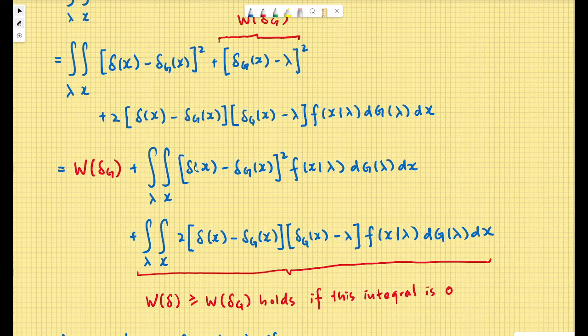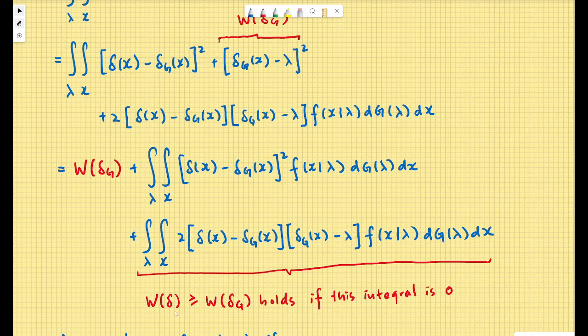It equals 0 when delta is equal to the optimal decision, and larger than 0 when they are not equal to each other. The important thing is the last integral. If the last integral equals 0, then the inequality written here will hold.